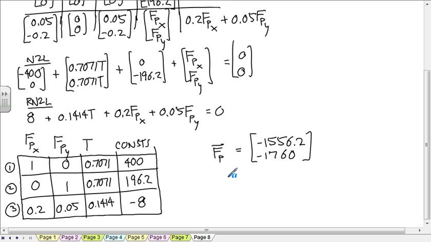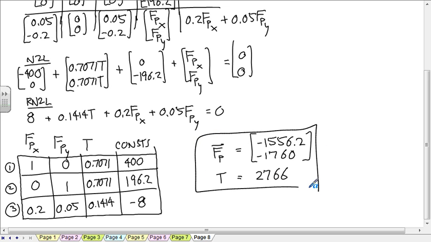Okay, and tell me the tension again. 2766. Okay. And do those match what I got in the solution? Hopefully they do. They should.